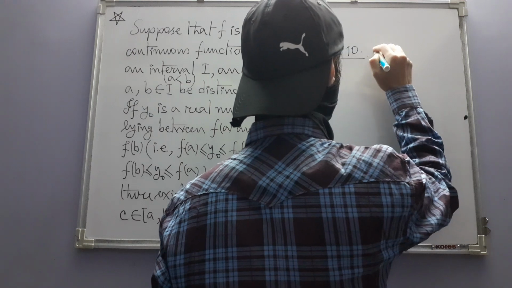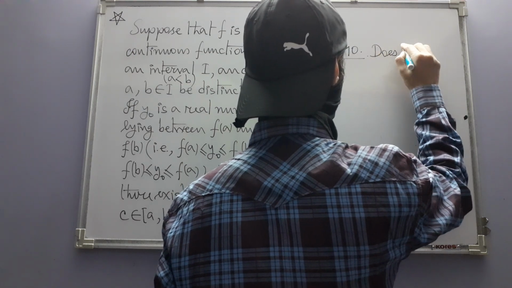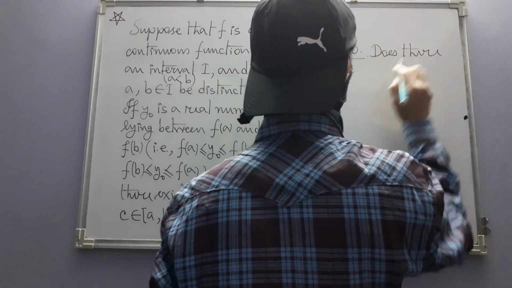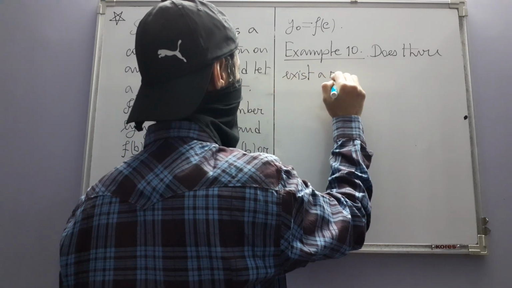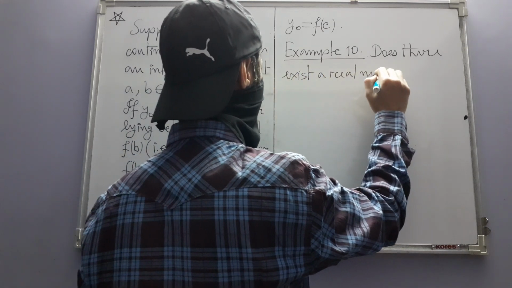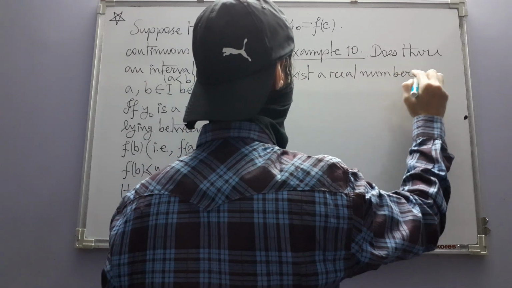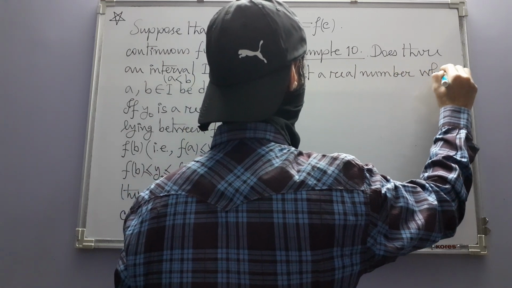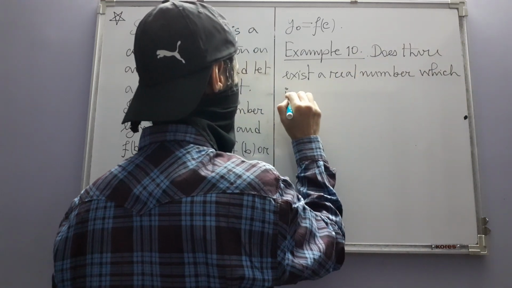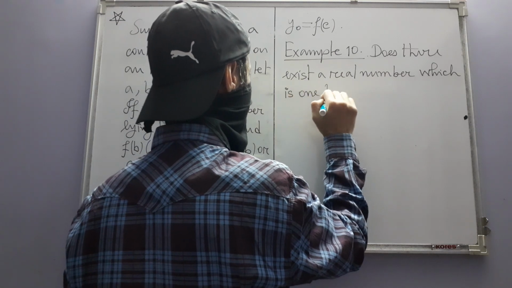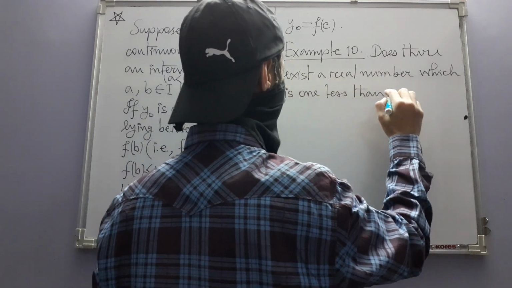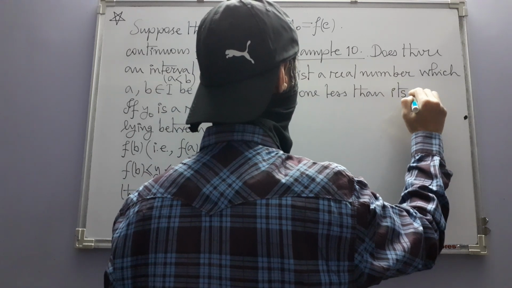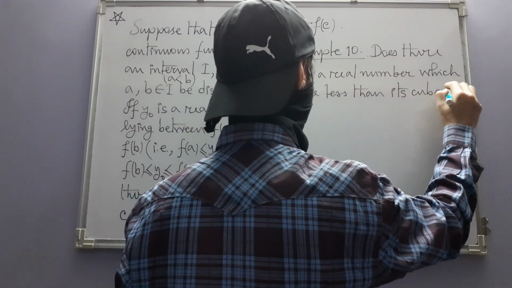Does there exist a real number which is one less than its cube, one less than its own cube?